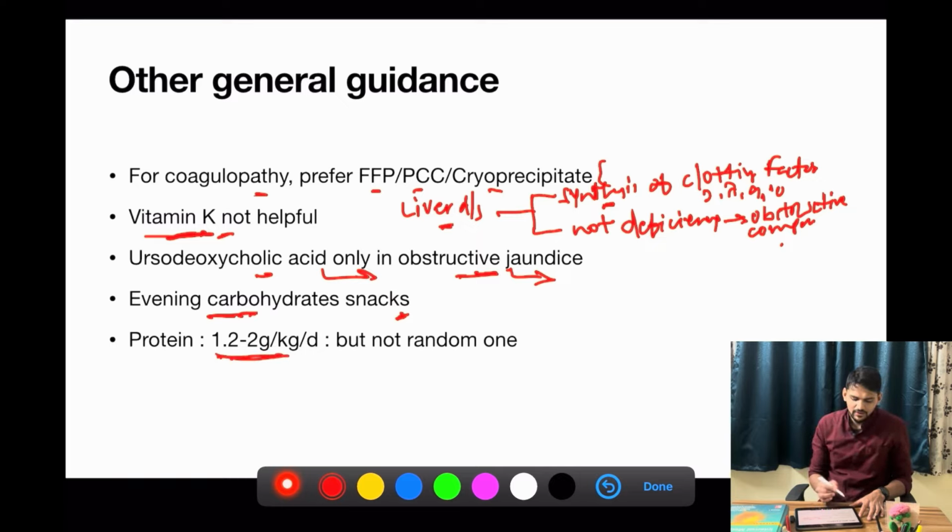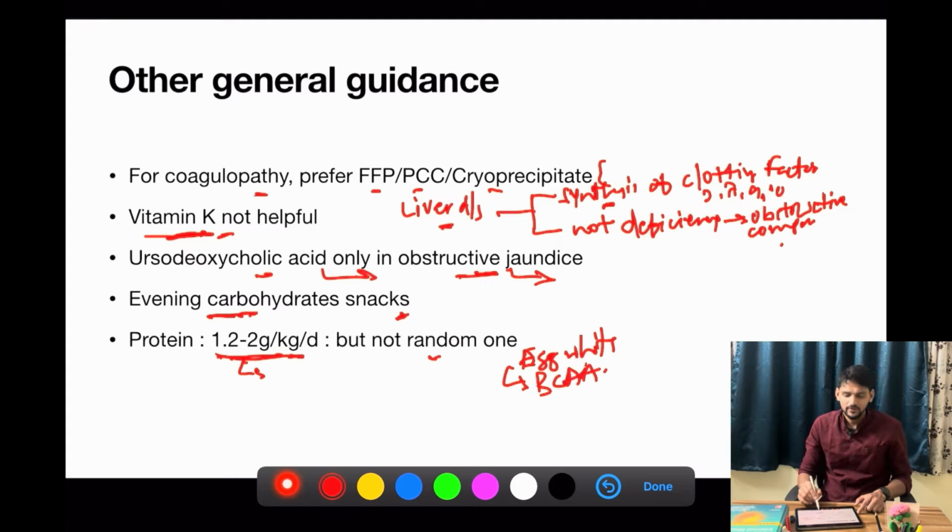When it comes to protein, the recommended protein intake for even liver disease, end stage liver disease individuals, because they will be malnourished, is 1.2 to 2 gram, just like the normal individuals only. But here, just because protein is helpful, don't prescribe some random products, mainly the unchecked protein powders. Try to advise them to take egg whites, or you have to see the labeling of the protein powder if you are prescribing one, and it should be rich in branched chain amino acids.